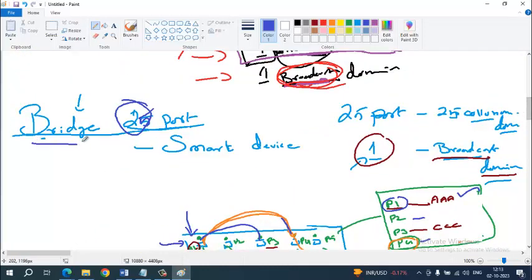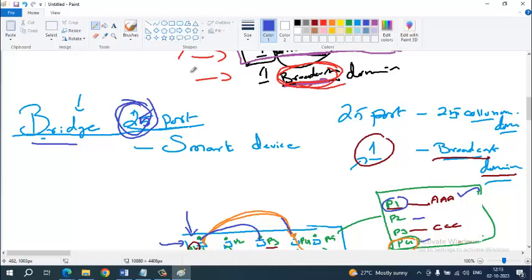This has a drawback: only 24 ports. So what if I have 100 devices? I need something big, a 100 port switch. We cannot keep connecting bridges, as you were trying to ask me. I said later we'll discuss. That's not a good idea.